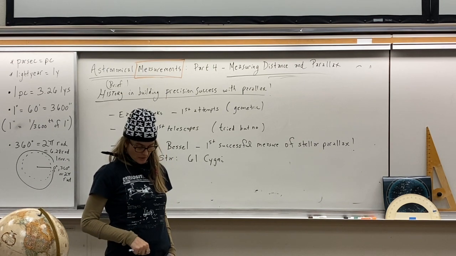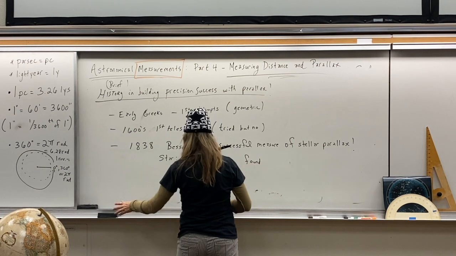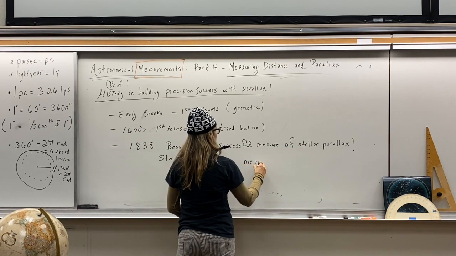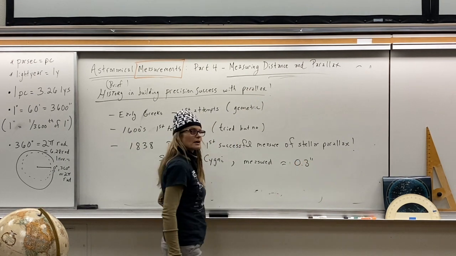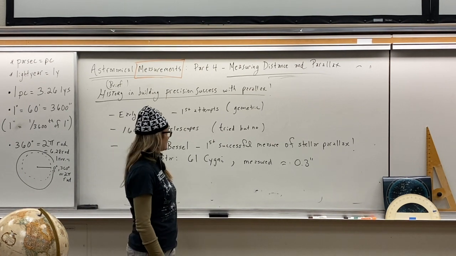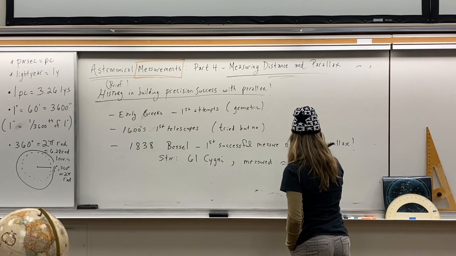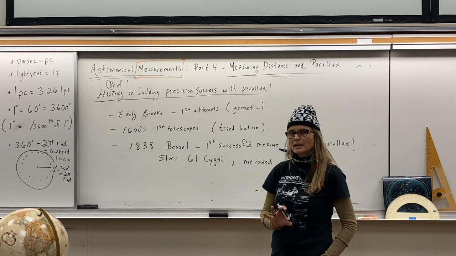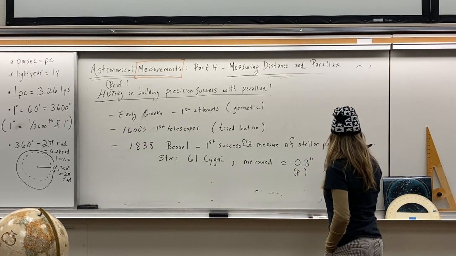But the main star that he measured had a parallax angle found, or measured, I should say, of approximately 0.3 arc seconds. Okay, and this is our P. What that led to was a measurement of about 11.4 light years, or 3.2 PC.